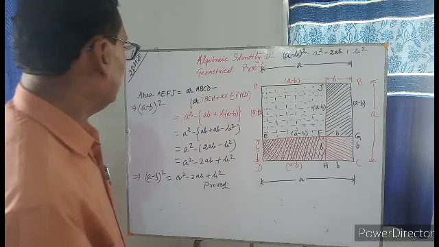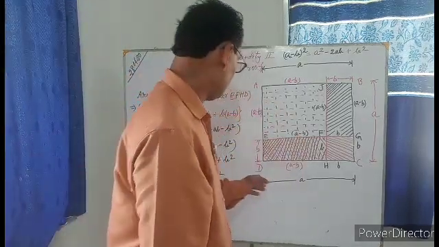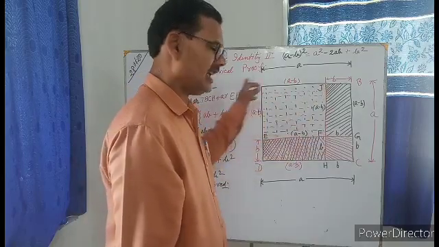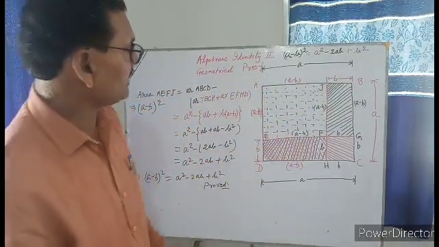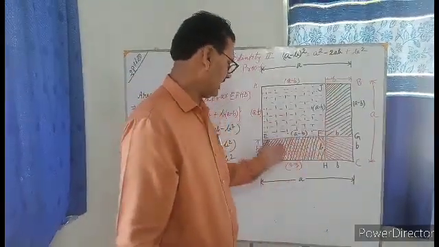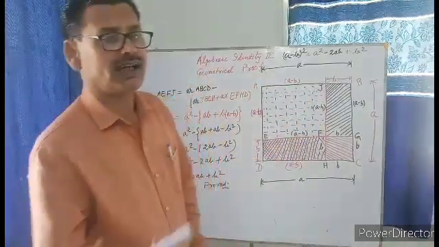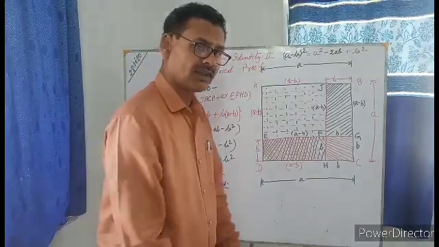For this, area AEFJ. What do you mean? Area of this square AEFJ. What is the area of a square? Side square.